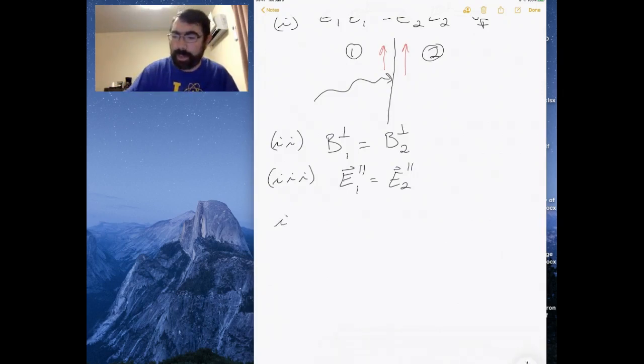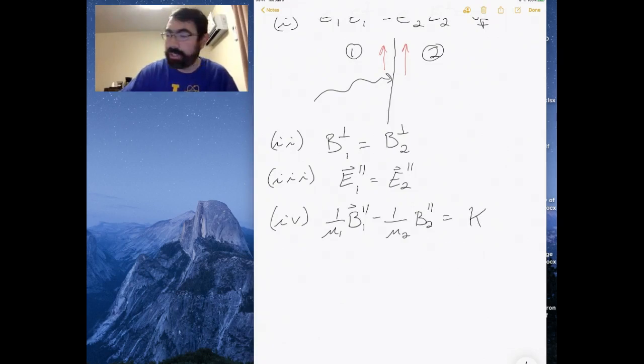And then the fourth boundary condition is the parallel components of the magnetic field. In that case, the difference in these components would be responsible for any current density that we have on the interface.